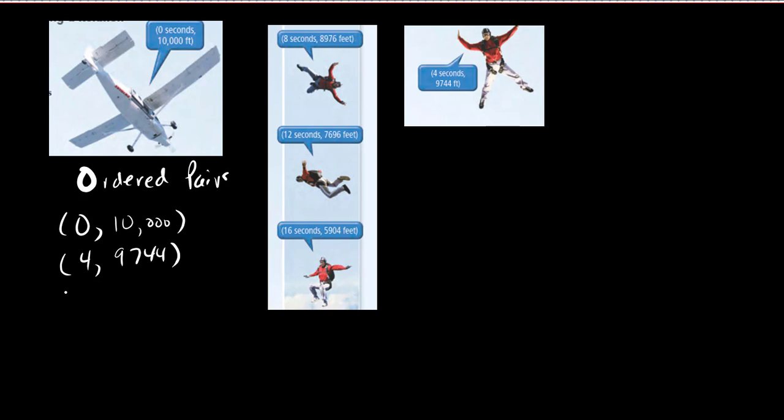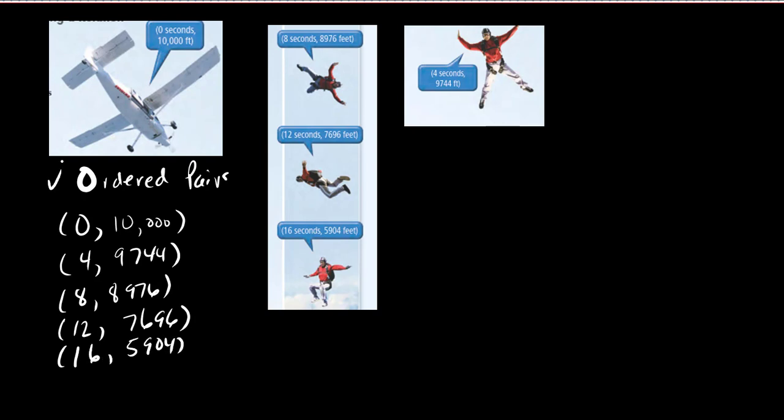Next one I have is 8 seconds at 8,976 feet. Next one I have is 12 seconds at 7,696 feet. And then we have 16 seconds at 5,904 feet.